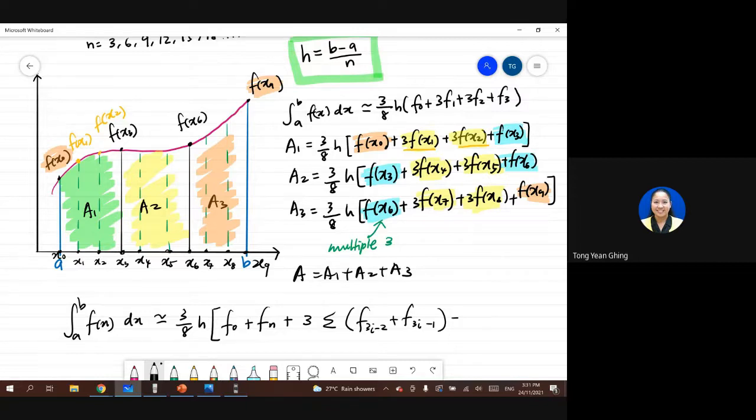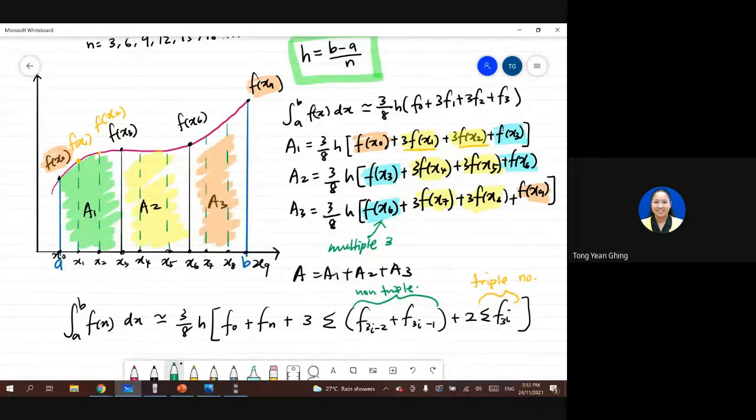Okay, and then plus with 2 summation of F3i. Kalau tengok, this one is triple value. Yang darab 3 punya. Triple number. And this one is non-triple value number. Okay, yang bukan.